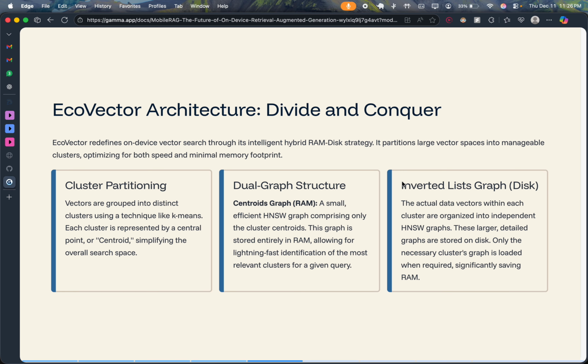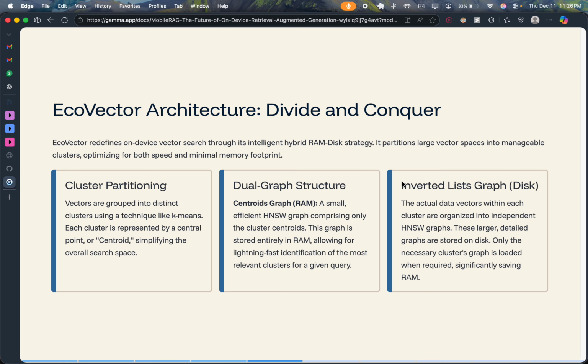In the cluster partition, vectors are grouped into distinct clusters using a technique like k-means, and each cluster is represented by a central point, the centroid, simplifying the overall search space. The dual graph structure has a centroid graph in RAM, an effective HNSW graph comprising only the cluster centroids.